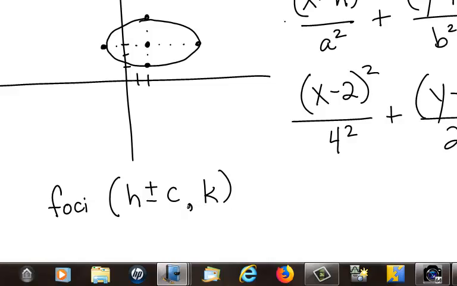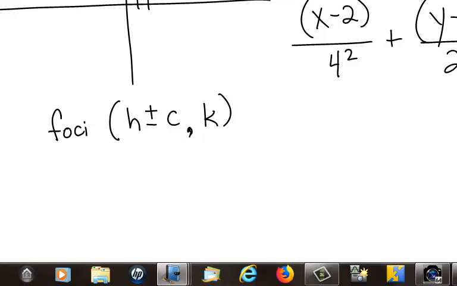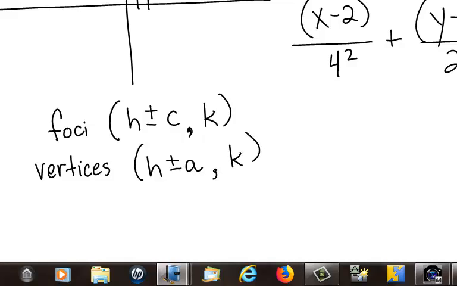So it's your h value plus or minus the c value because you're going off center. The vertices are on the major axis, the longer one. The vertices are h plus or minus a, and you can combine those, simplify them, comma k.